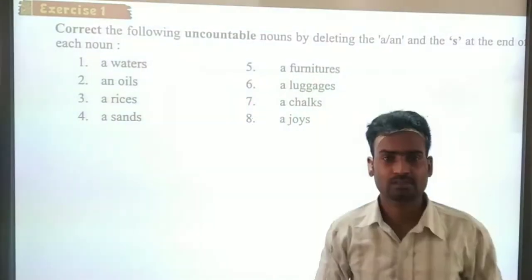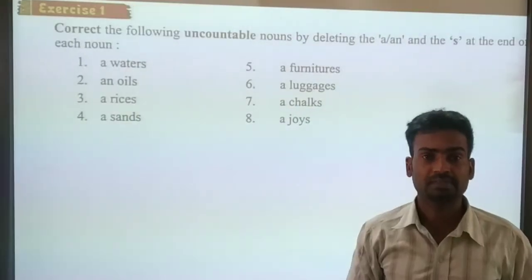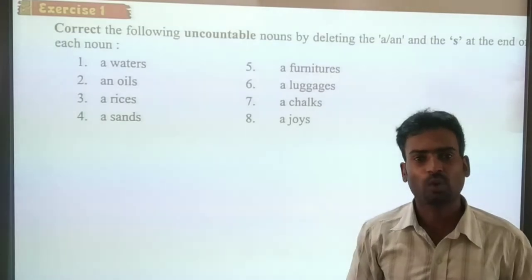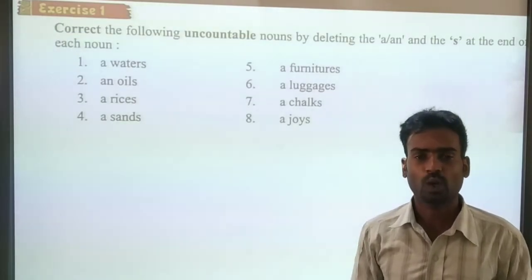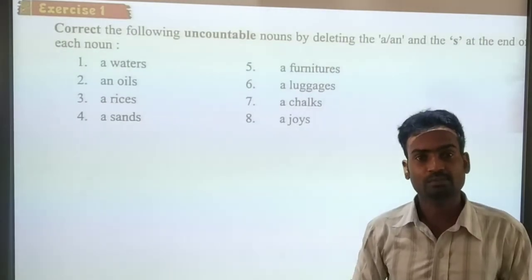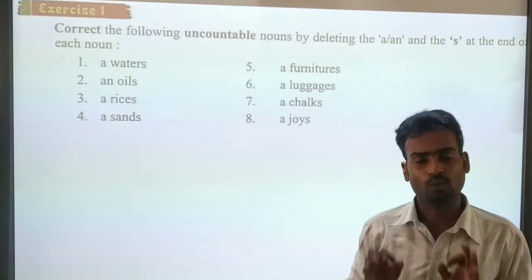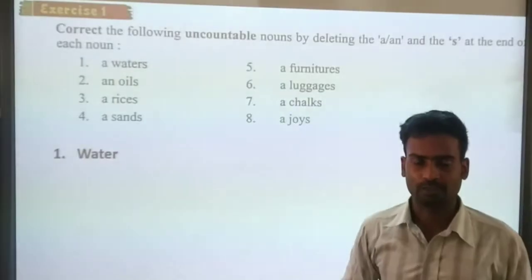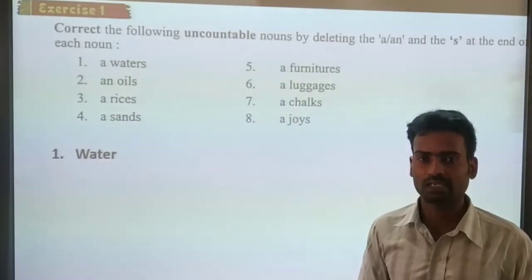A waters means one water. How can we say one water? We cannot. And the S makes it plural. No, water is the correct one. We cannot have one water or the plural form.